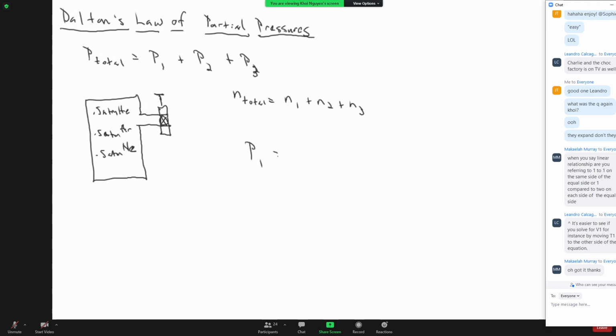So to find the partial pressure of one gas, we can take what we call the mole fraction, X. This is called the mole fraction. And that's simply the moles of that gas divided by the total moles that we have in the system, multiplied by the total pressure.